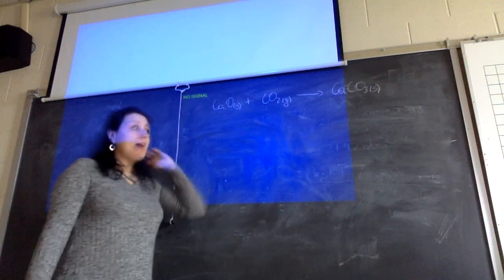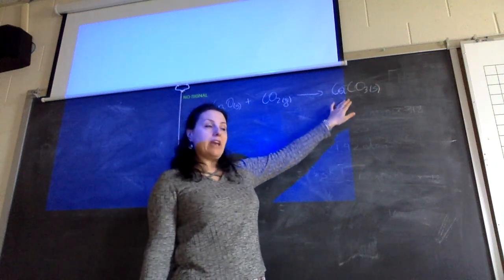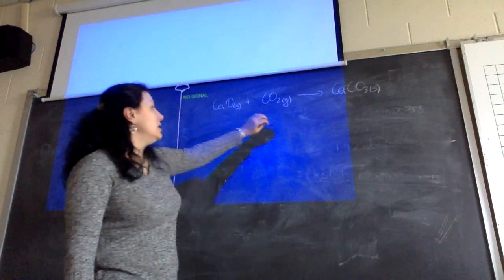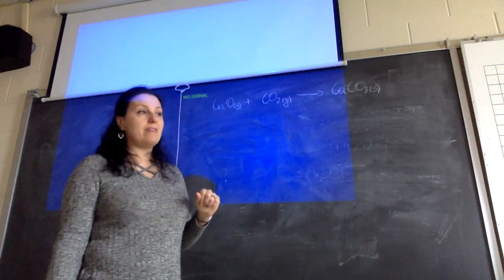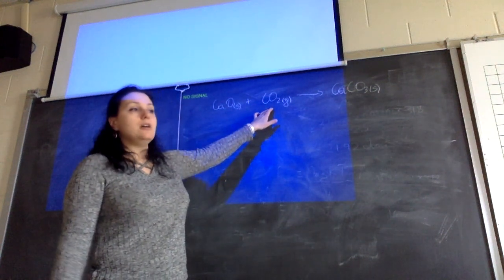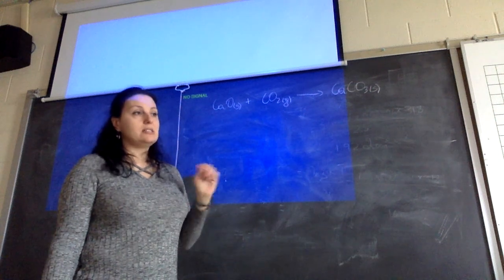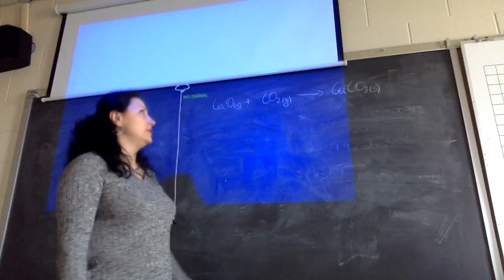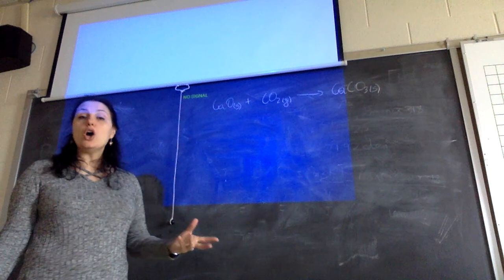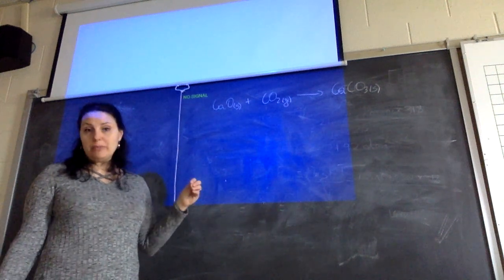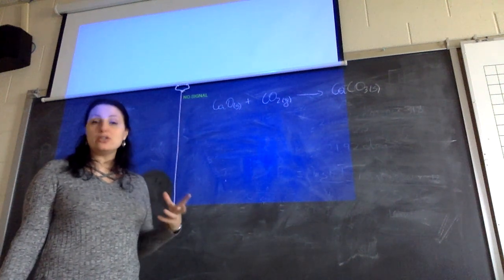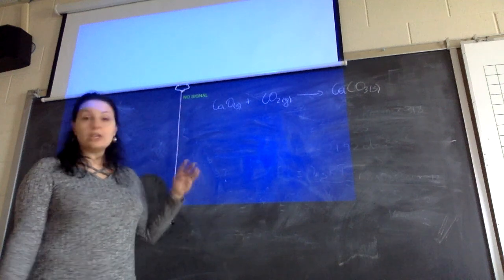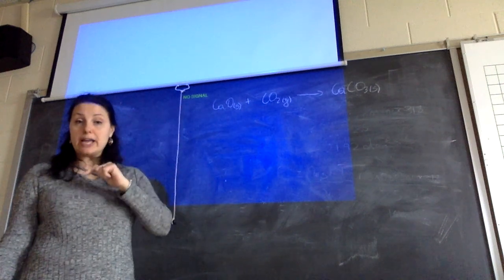Okay, I am asked to find how many grams of calcium carbonate is formed if I have 3.45 liters of carbon dioxide measured at 45 degrees Celsius and 1.37 atmosphere. We know how to do stoichiometry problems from chapter 7, where we go from grams to moles to moles to grams, right?